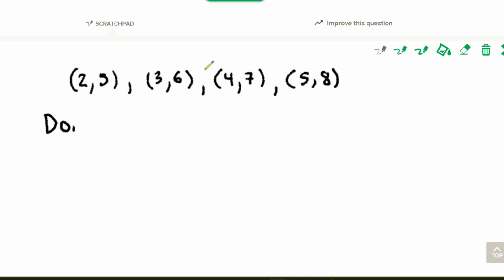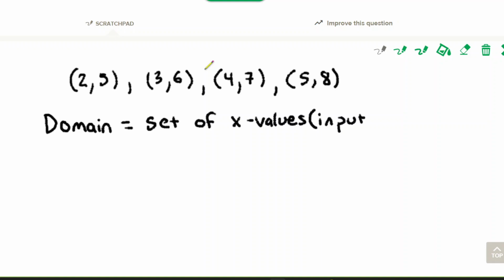And the title of this is Domain and Range of a Function. The domain is the set of x values in the ordered pairs. Sometimes those x values are called the inputs or the x coordinates or first coordinates, whatever.